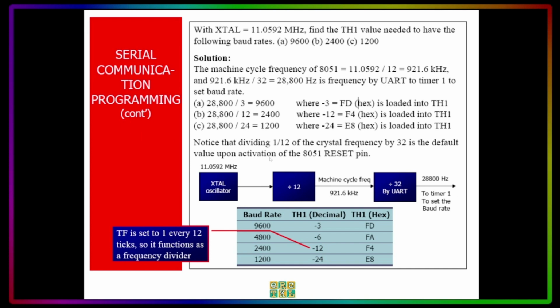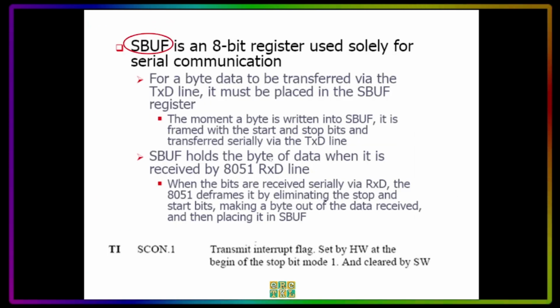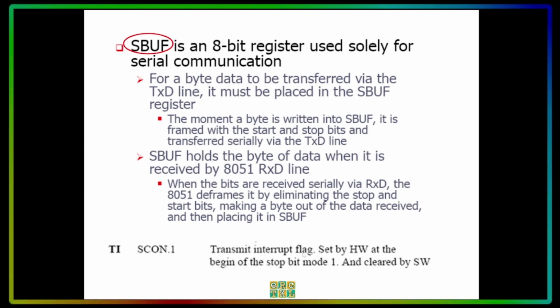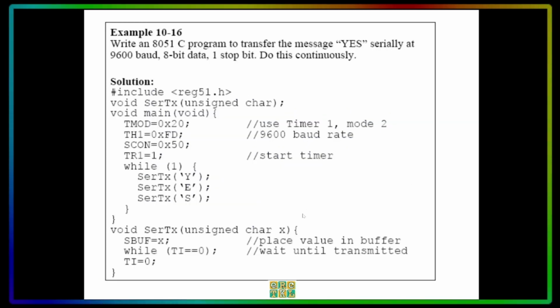So again, buff means buffer. Now the TI, the transmit interrupt flag, is set again by the hardware at the beginning of the stop bit in mode 1 and is cleared by the program or software.